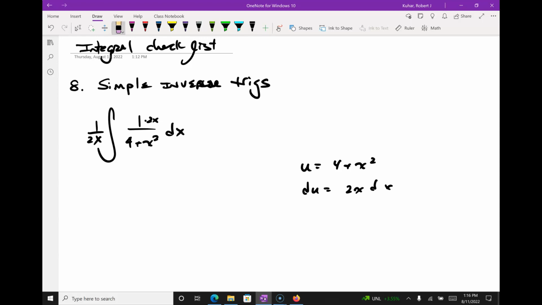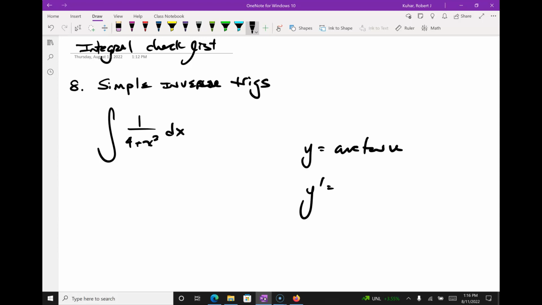So now I'm thinking the only choice I have is arctan, right? And I know that if y equals arctan of u, I get y prime is u prime over 1 plus u squared. Well, that's pretty good, right? That's close to what I have, isn't it?